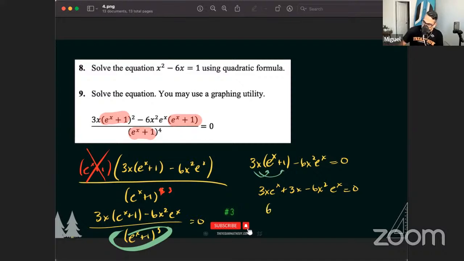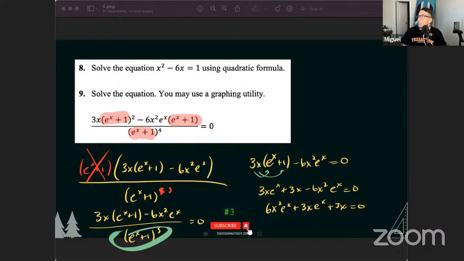I'm trying to see if there's even a possibility where I could use some sort of quadratic formula, but it looks like there's nothing else. So in this case, you're just going to have to use Desmos or a graphing calculator.